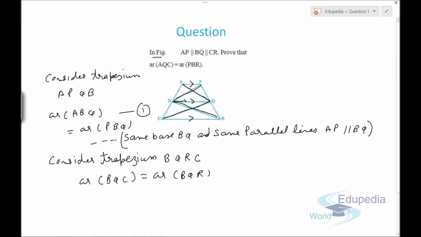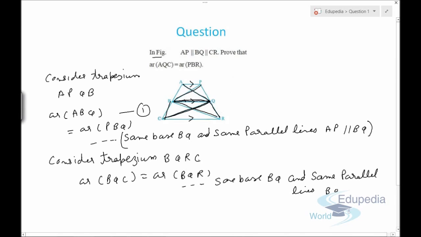Why are they the same? Again they have the same base BQ and the same parallel lines, BQ is parallel to CR. So let's say this is our second equation.